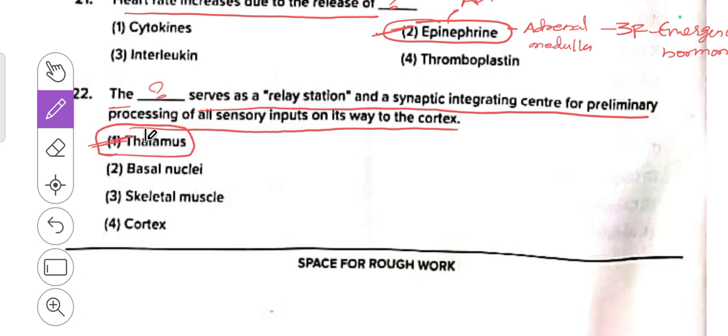This thalamus is the part of the brain where all sensory connections are under its control. It has a connection with the cerebral cortex and performs sensory functions like vision, body balance, smell, touch, everything. So for 22, 1 is the right answer.